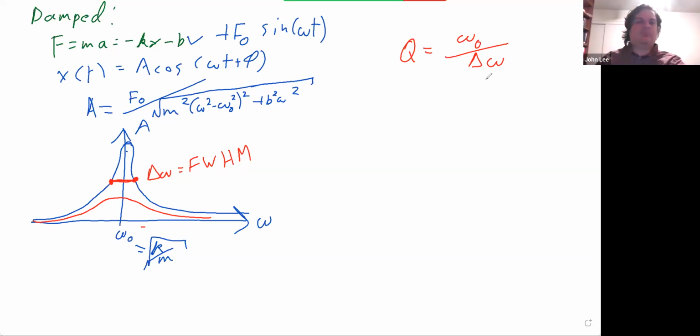That's why it's called the quality number. So basically, this is damped and driven oscillation.